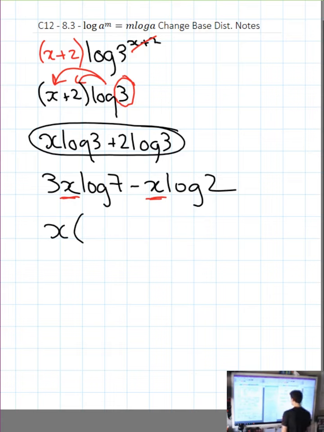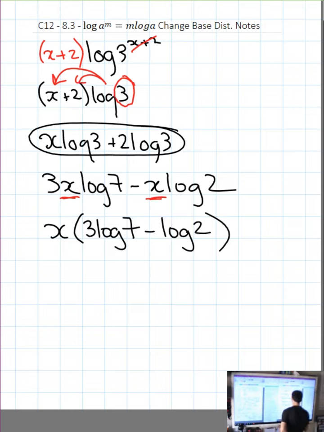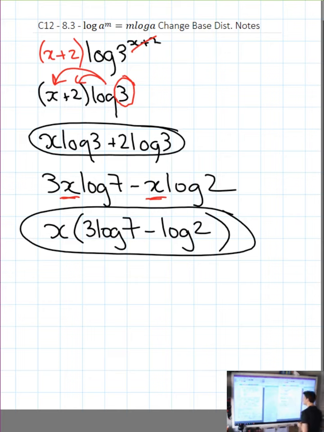Well, I'm left with 3 log 7 minus log 2. So, being very comfortable doing all the different rules, bringing our exponents down in front, distributing, and then also removing a greatest common factor.